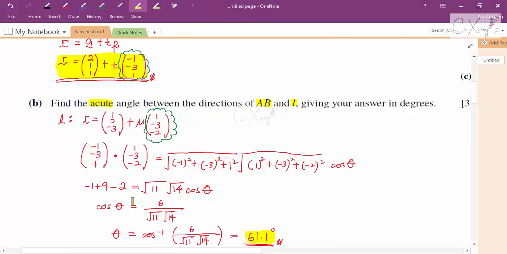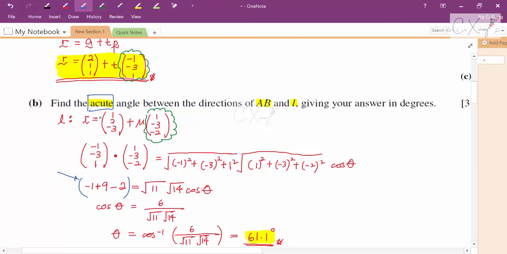Okay, just in case, if just now you tried to use some different direction, maybe when you use a different direction, if you get this value as a negative value, then when you are pressing the calculator, please make sure that you ignore the negative value. It is because for this question they are asking for the acute angle.